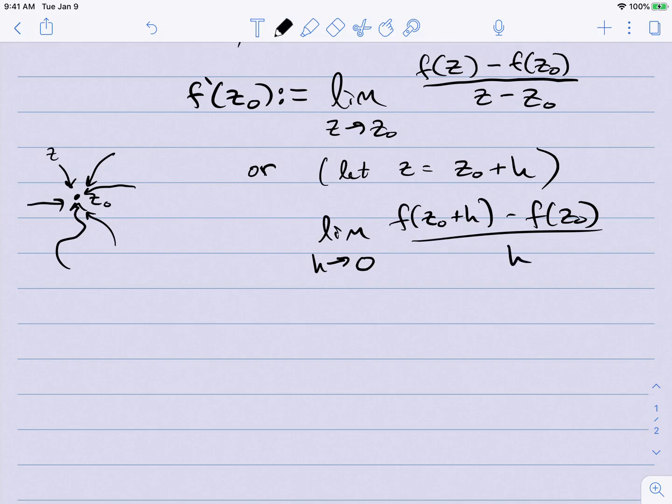But again, you have to keep in mind that h is a complex number here, so it's approaching 0 from many different directions. Okay, so that's the definition.